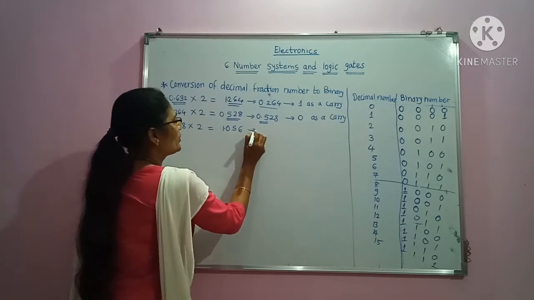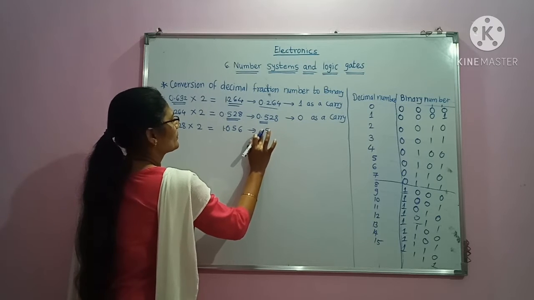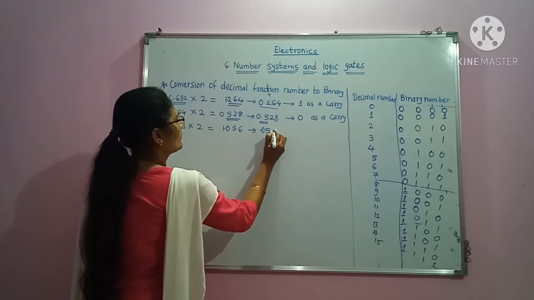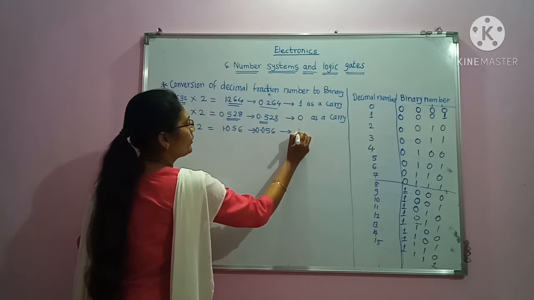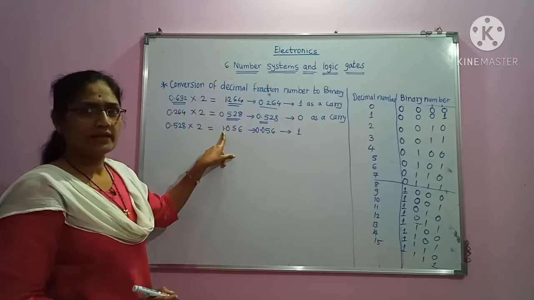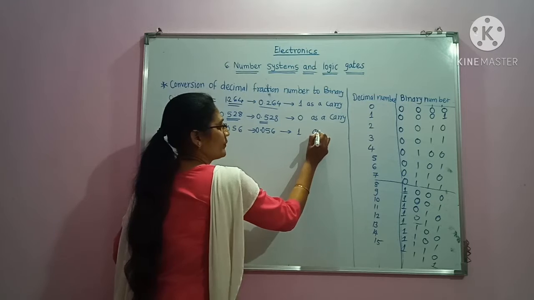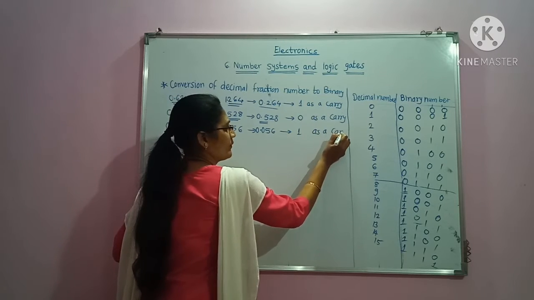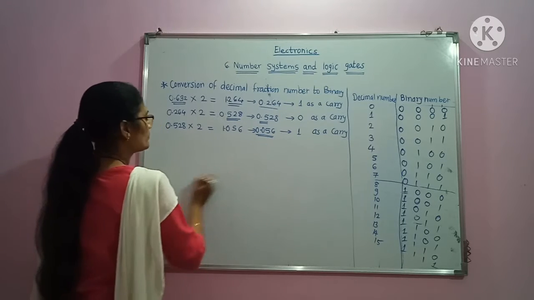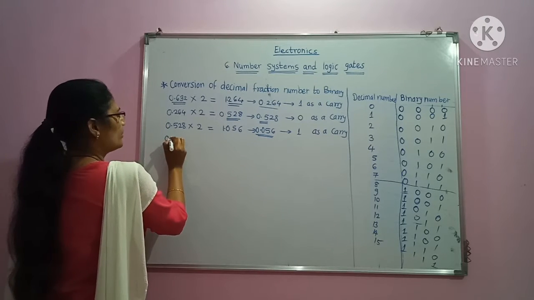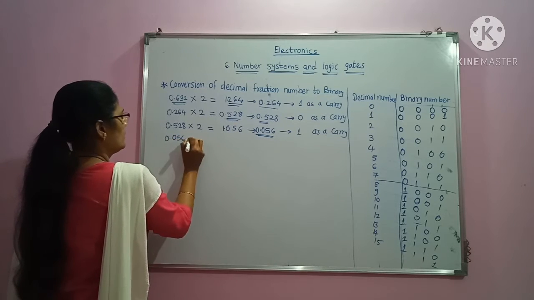Again I have to split it into fraction part, and I have to write this number as a carry. So I have obtained now 1 as a carry. Again I have obtained the fraction. So I have to multiply it by 2.